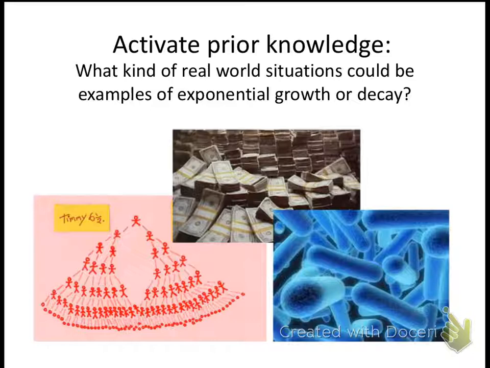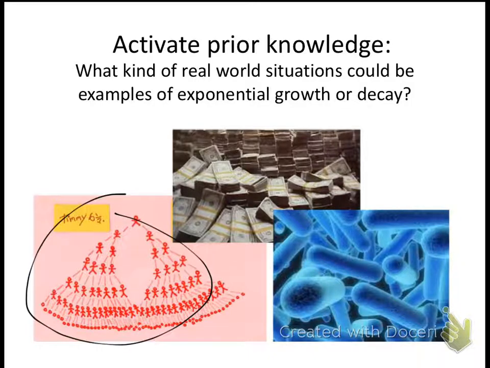So, what kind of situations could be examples of real world exponential growth or decay? Anybody have any ideas? First things that come to mind for me are things like population growth. That's this little Timmy over here.